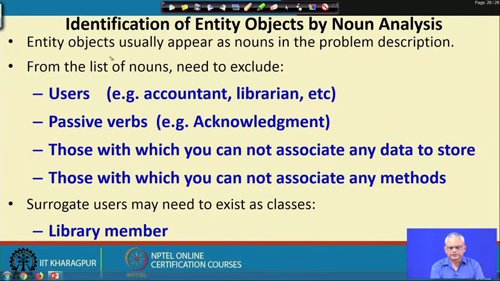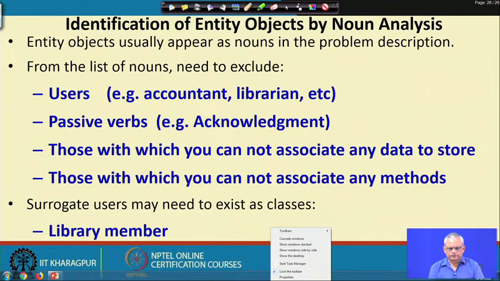The entity objects are usually nouns in the problem description, but then if we identify the nouns in the problem description, not all nouns correspond to entity classes. We need to exclude several of the classes.